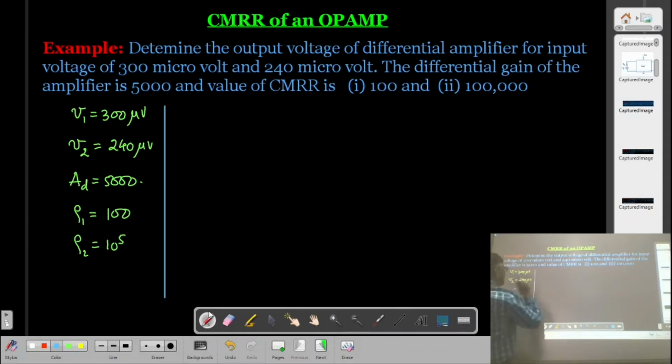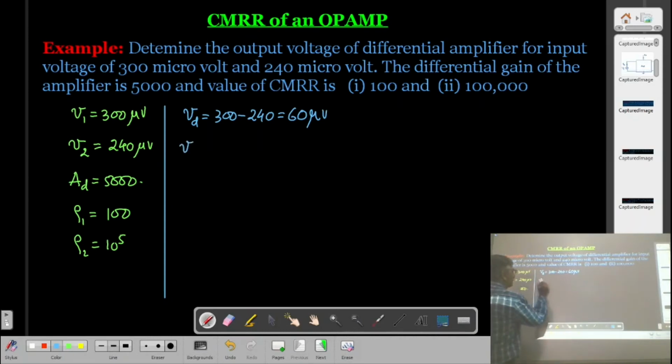So here, V1 minus V2, V1 is 300, V2 is 240, what is the differential signal? The differential signal Vd is equal to 300 minus 240, and that is equal to 60 microvolt. Then we will calculate the common mode signal.